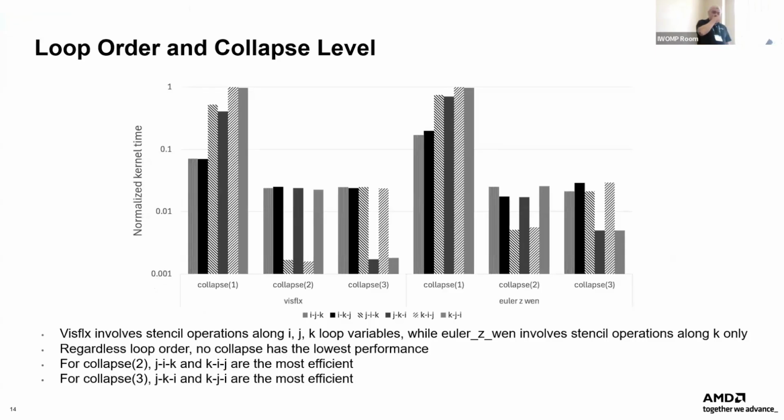And then, another question is, if you have 3 triply nested loops, what is the correct order? You want to run them IJK, KJI, you have those 6 permutations, and so which one is the best one? And then secondly, the other question is, how many of those levels do you collapse, right?